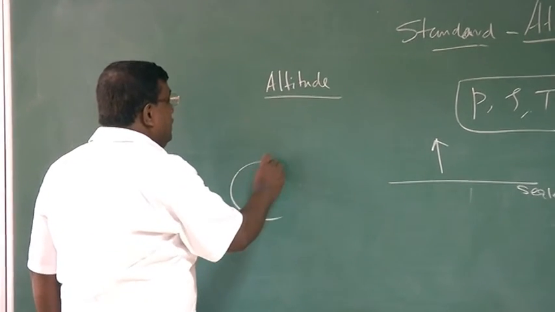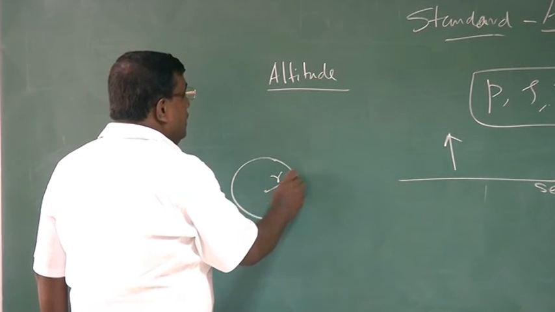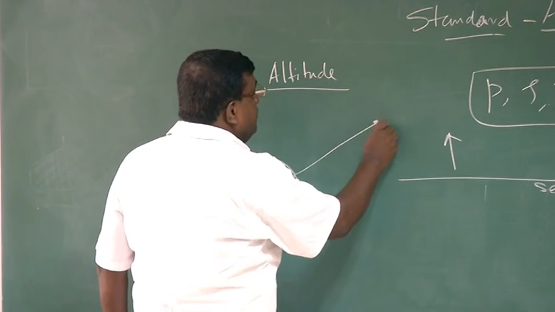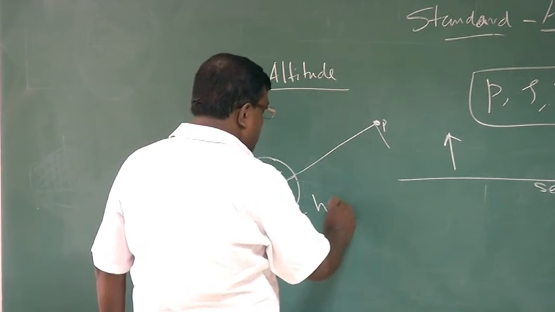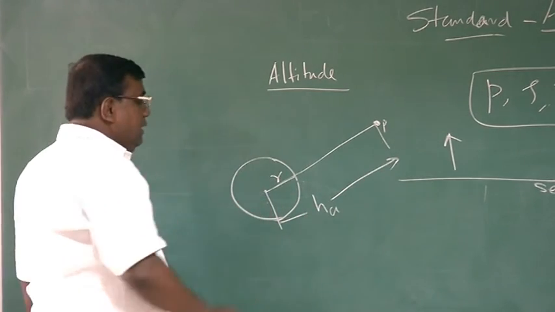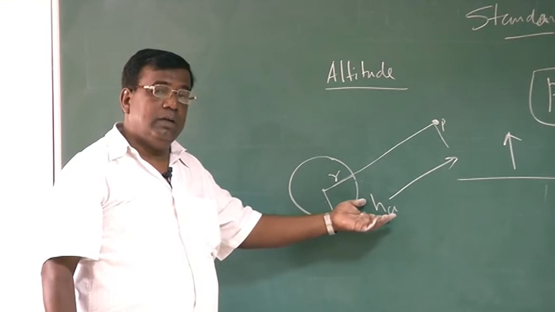If this is the Earth's center, and this is the radius of the Earth, then at any point P, if I define the distance with respect to the center, let's say it's HA, which is traditionally called absolute altitude.